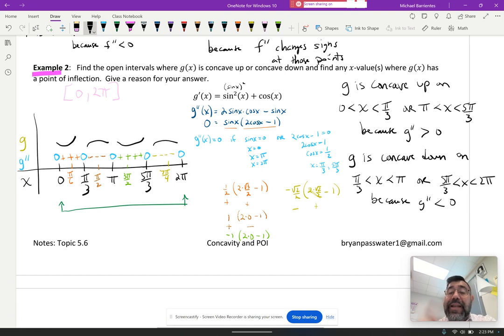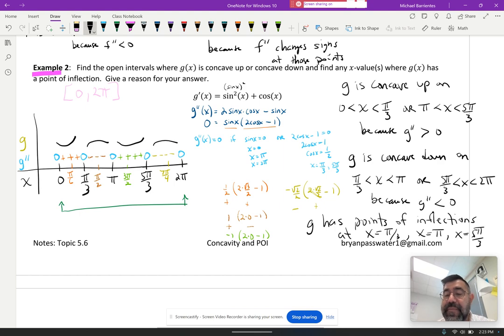Great. But now the last part, does it have any points of inflection? Well, yes, because it changed signs here, it changed signs here, and it changed signs here. So I'm going to say G has points of inflection, or inflection points, if you want to write it that way and save yourself the middle word. Points of inflection at x equals pi over 3, x equals pi, and x equals 5 pi over 3.